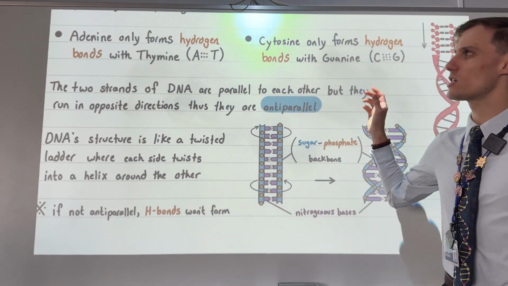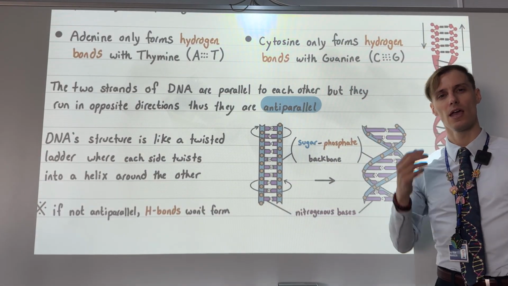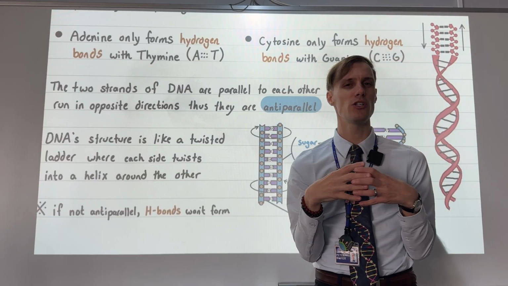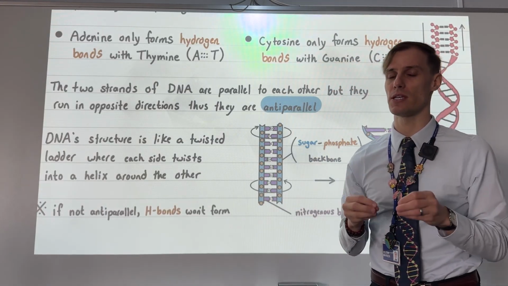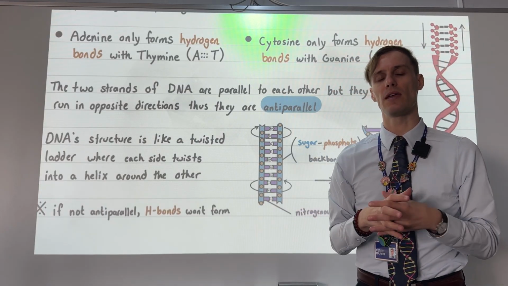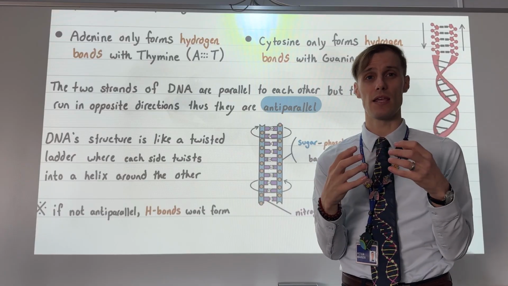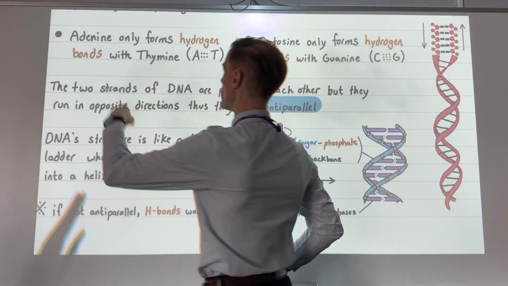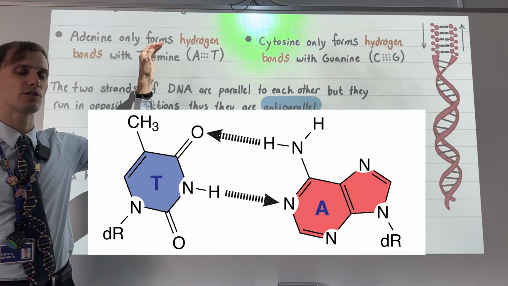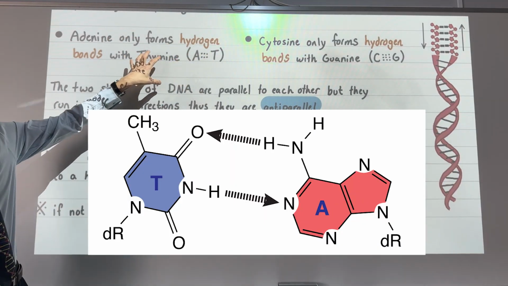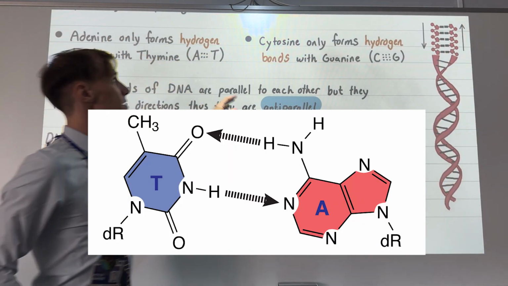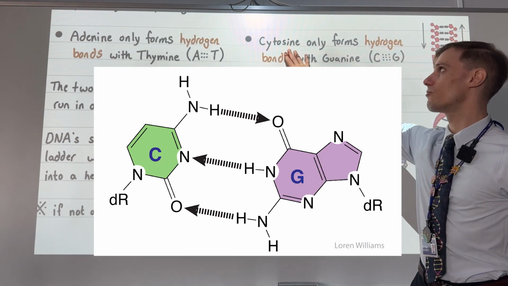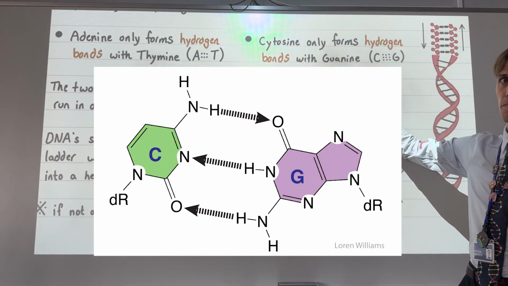So when we actually explore the structure of DNA, I mentioned earlier that the nitrogenous bases bind in a very particular way. That being that they won't just bind with anything. In this case, it's something called complementary base pairing. So adenine is only going to form hydrogen bonds with thymine. And cytosine is only going to form bonds with guanine.